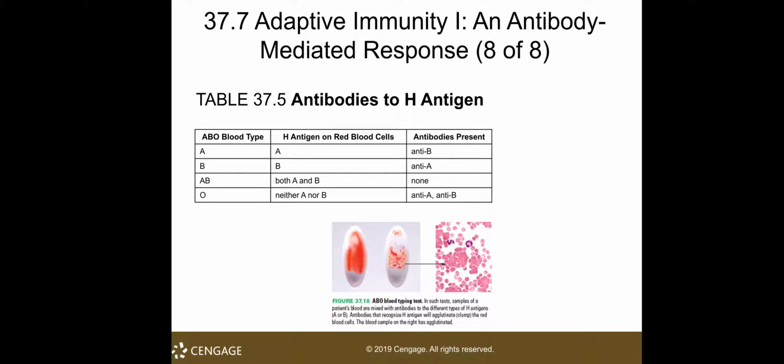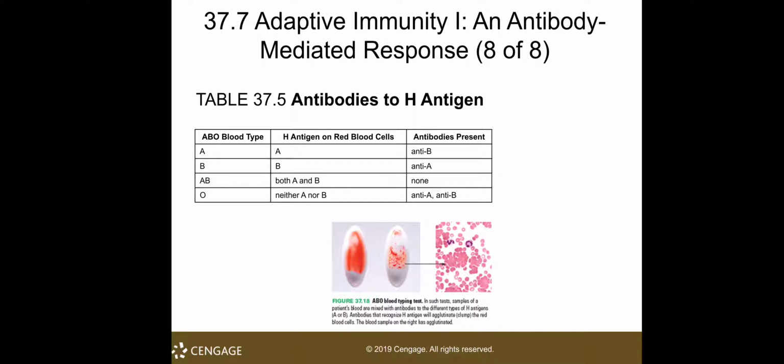Basically, blood type A has A antigen on their blood, and they contain anti-B antibodies. Then you have blood type B that contains the B antigens, so they contain anti-A antibodies in their blood. So that means their antibodies are against the other blood type. Now for blood type AB, they have both A and B, so they do not have antibodies against either antigen because our bodies do not want to attack our own cells.